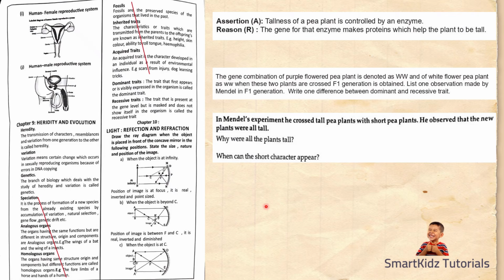Again, this part of sex determination is made extremely important because the government wants both male and female students to be very well aware of who is responsible for a male child. Usually our society ends up blaming the woman for the birth of a female child.